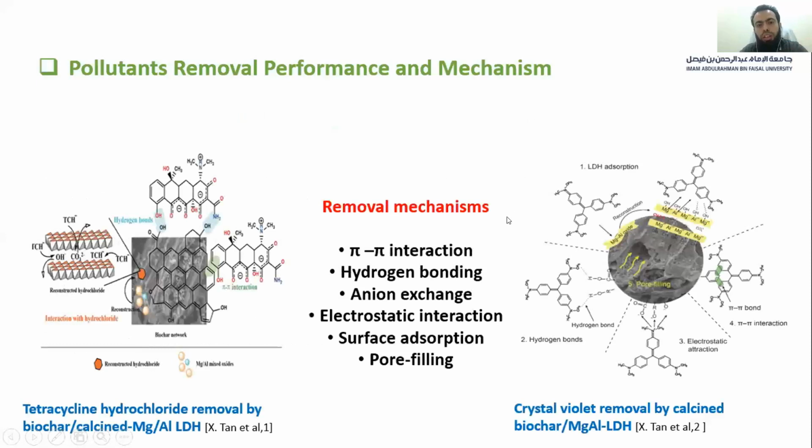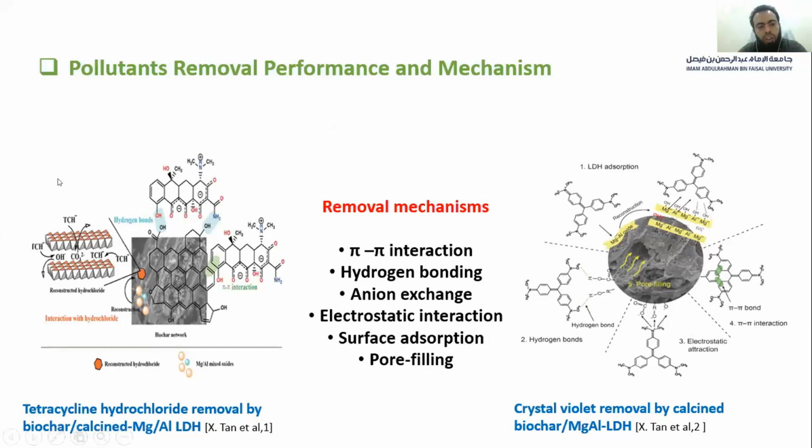If you look at the removal mechanism for organic pollutants like pharmaceuticals and dye molecules, normally these organic pollutants contain a benzene ring. So what happens? They form pi-pi interaction. They interact with the surface of the biochar LDH using pi-pi interaction. Plus, the LDH contains hydrogen and oxygen, so they form hydrogen bonding.